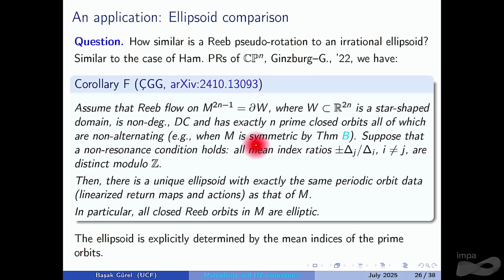If you are in the scenario where theorem B holds, and there are conditions there, and you add one more condition, that the ratio of mean indices are distinct mod Z, then you can show that there is in fact a matching unique irrational ellipsoid. So then, of course, all orbits are elliptic, etc. Again, the dynamics can be very different, so you won't be able to tell them apart by the symplectic homology persistence module.